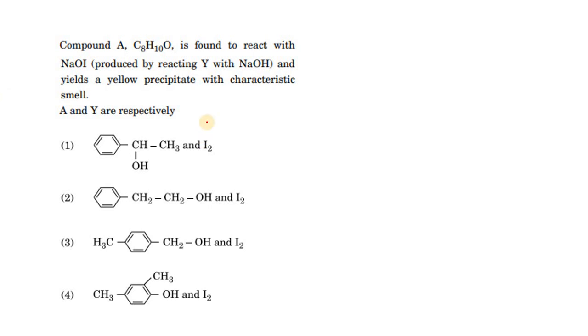Compound A, C8H10O, is found to react with the NaOI produced by reacting Y with sodium hydroxide and yields a yellow precipitate with the characteristic smell. A and Y are respectively. Okay, what is A? A is an organic compound which is positive towards iodoform test.